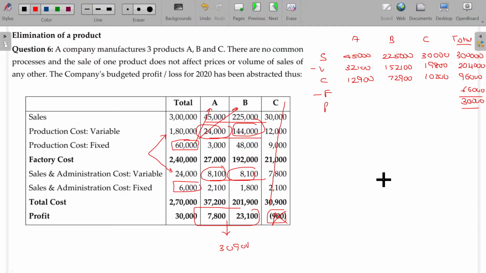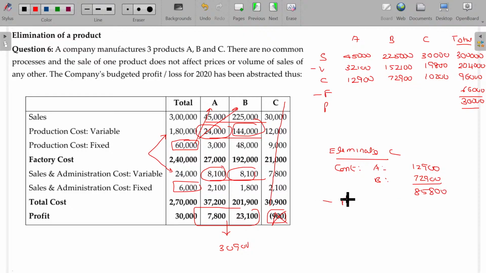Now, if you eliminate C, what happens? Contribution due to A being 12,900, B being 72,900, total 85,800.